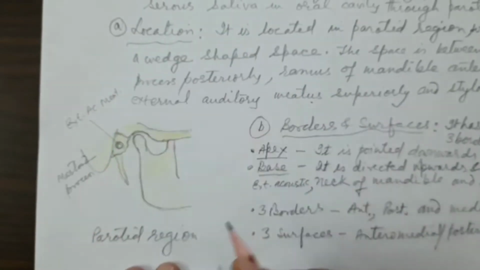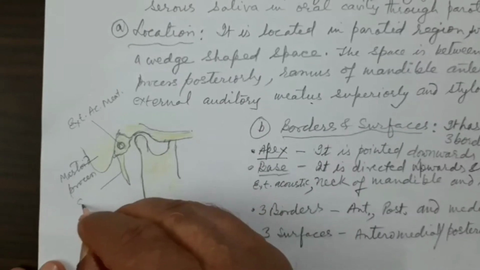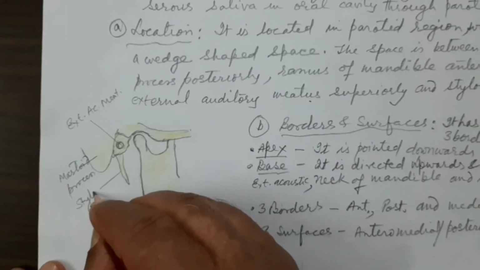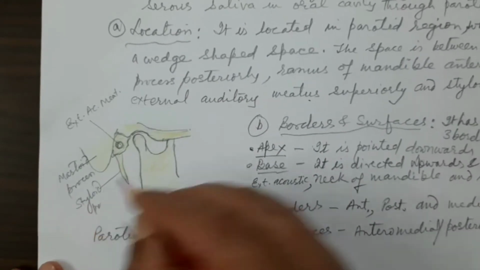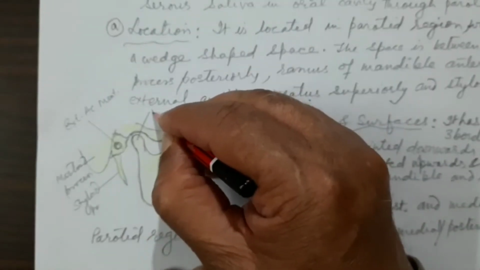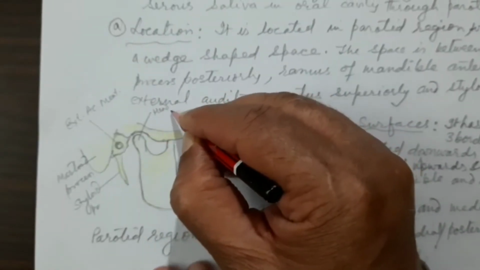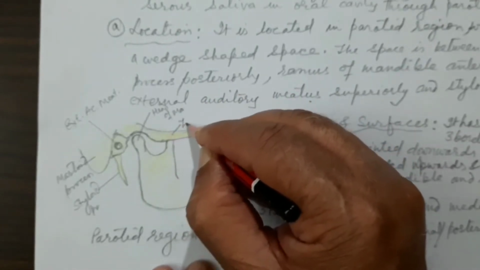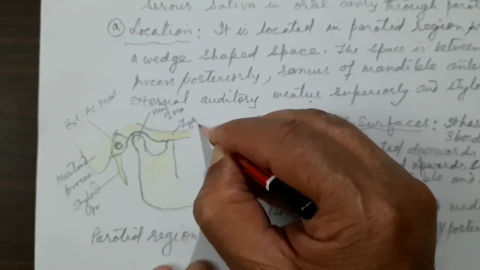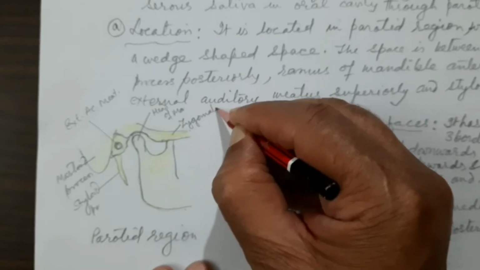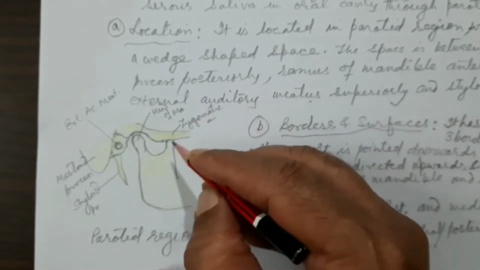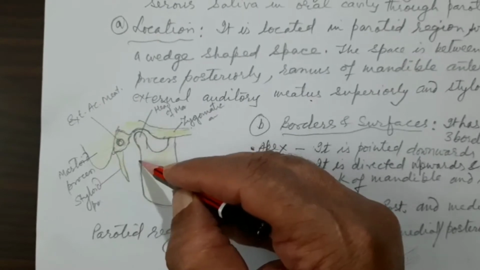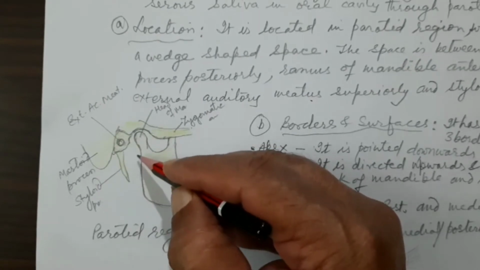I am writing in chart, and this is the styloid process. And this is the head of the mandible in the mandibular fossa. This is the zygomatic arch. So this is the posterior border of the ramus of the mandible.